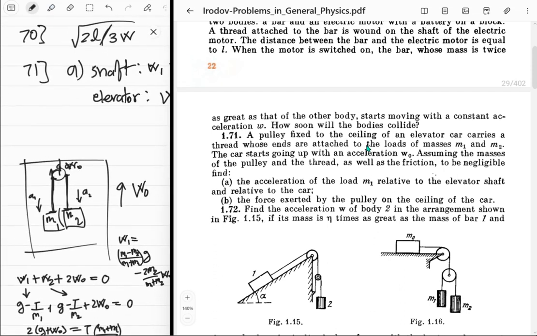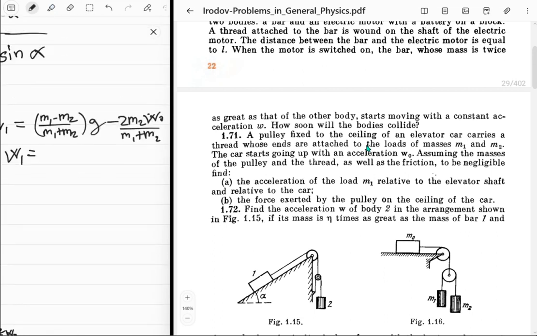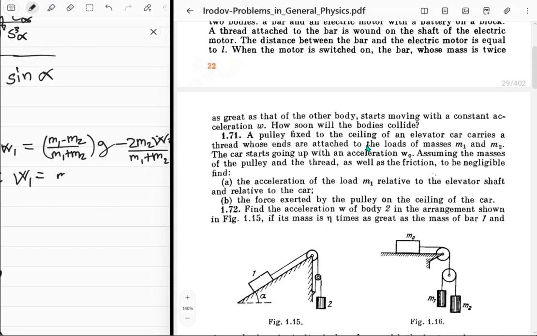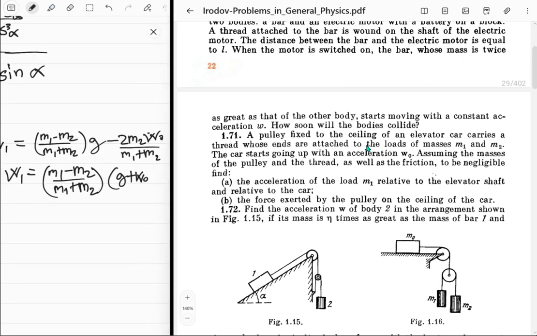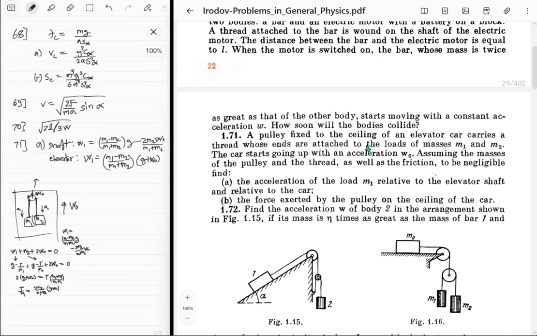If this thing is going up, it's going down by negative W0. You have to subtract negative W0. That will be adding W0 basically. So this will be M1 minus M2 upon M1 plus M2 into G plus W0. That should do it. Okay, cool.